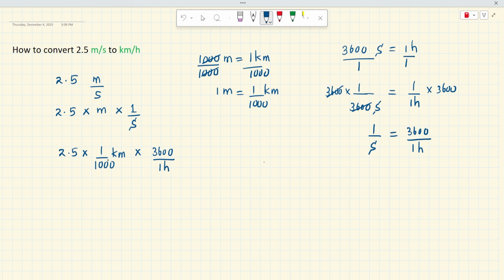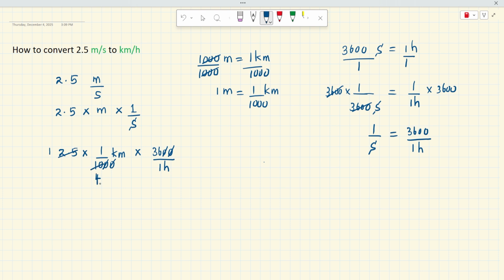Now I'm going to simplify. 0 cancel 0, 0 cancel 0. Here 2.5, here 10. 2.5 times 1, it is 2.5. 2.5 times 4, that is 10.